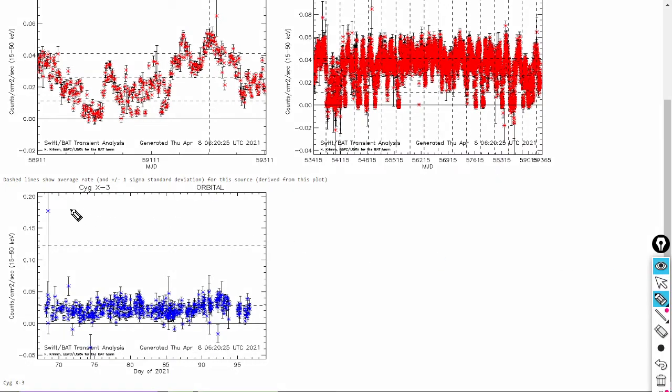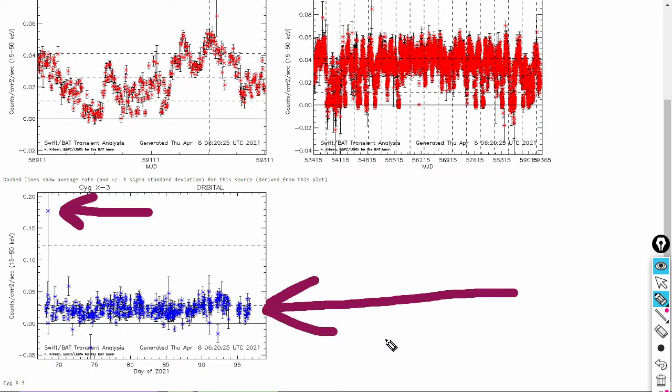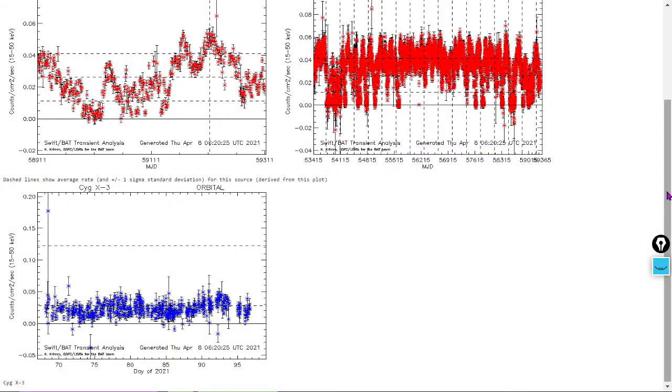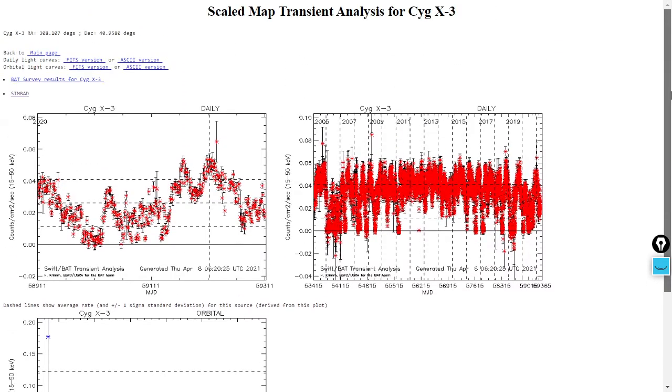We saw as a result of this emission right here, we saw the entire graph get expanded. Here's the 30-day graph, and you can see, again, it is in an X-ray loud state right now. We would be delighted if Lofar would take a look at this. Hey, Lofar, if you're watching the video, please fix your radio telescope on Deneb during its X-ray loud state.